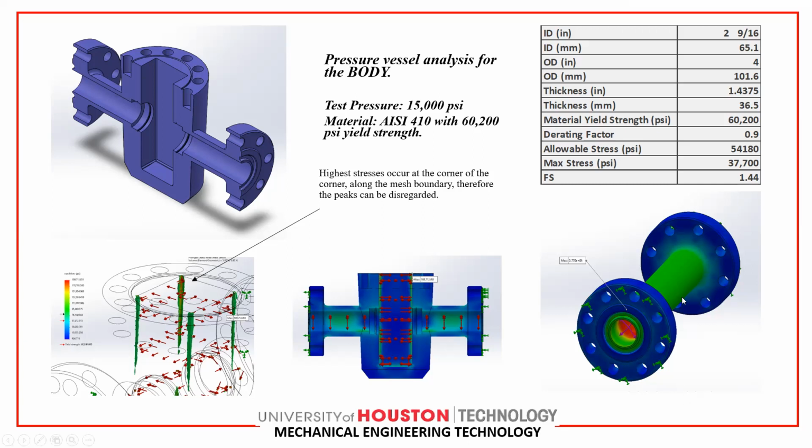The green color is the average between the minimum and maximum, and the blue color shows the minimum pressure. As I said, the green color is the place where the fixture area is located, on the flanges of the valve body.